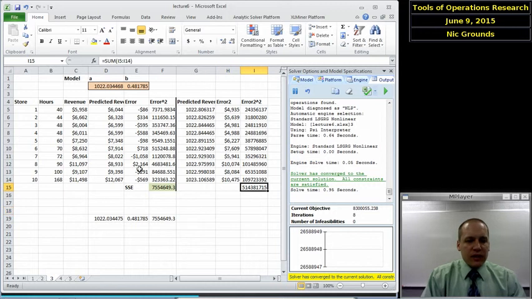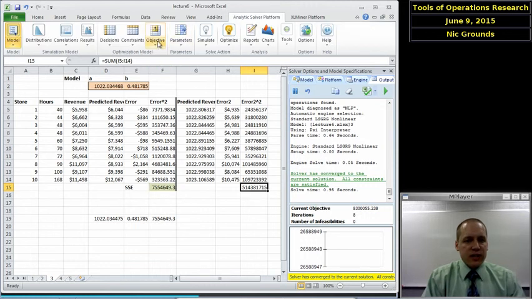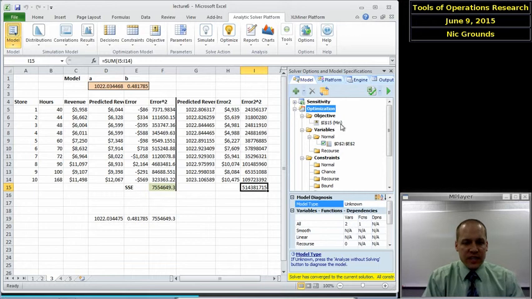And now, instead of using this sum of squared errors as our objective, let's use this sum of squared errors as our objective. So I'm going to reset the objective now to minimize the value in I-15. So I'm going to see on the model here that that's now my objective, minimizing I-15, the sum of squared errors of the second prediction model.